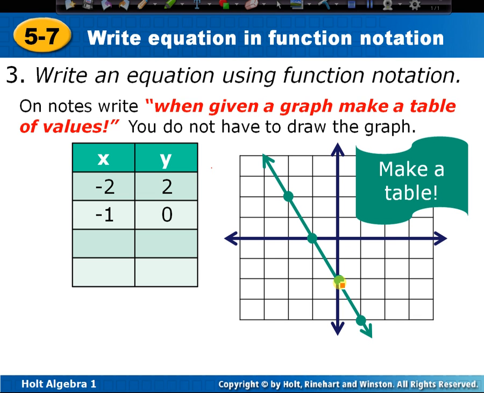This one I didn't go left or right at all, so it's 0 and then -2. And then this one is 1 and -4. So again, all I did was pick the points off of the graph, and I made a table of values. Now it looks just like number 1 and number 2 that we've already done. So you should have your table of values written, and also when given a graph, make a table of values written on your notes for number 3.